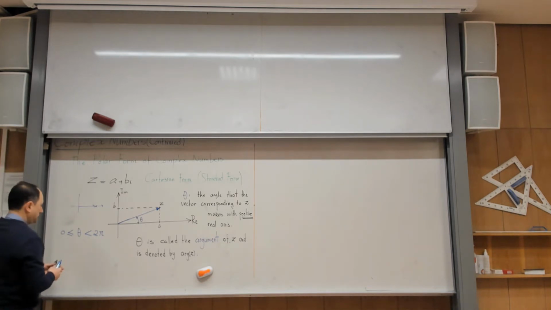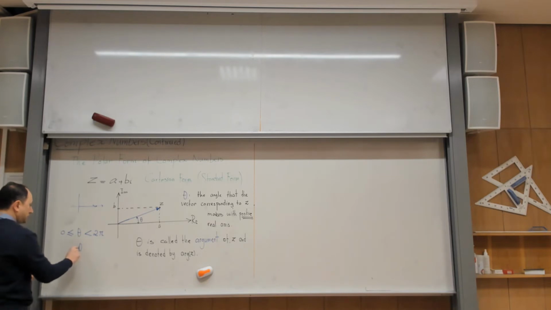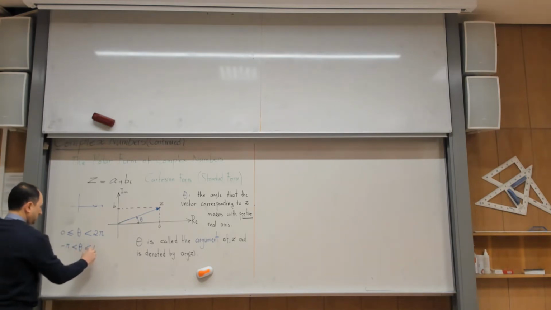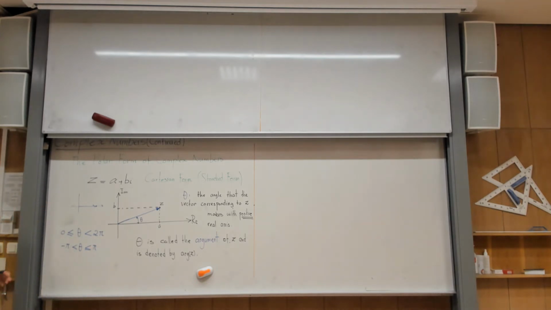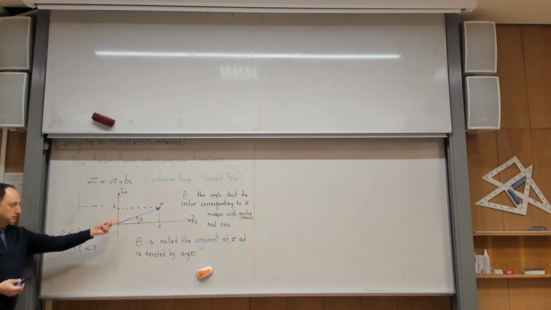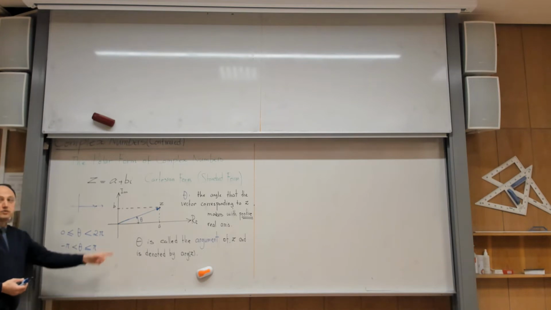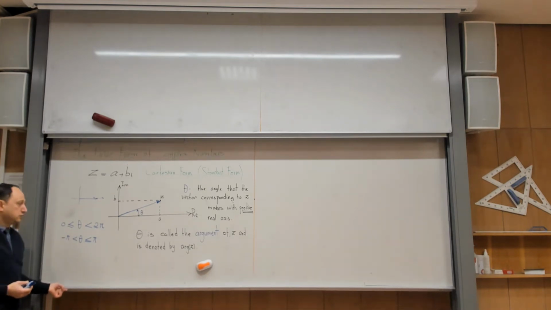Another convention, which is usually the standard one, of course, though in high school probably 0 to 2 pi is better, but anyway, this is the way that we do it. It goes from minus pi to pi. From 0 to 2 pi covers the whole plane. From minus pi to pi also covers the whole plane. So we have two standards.